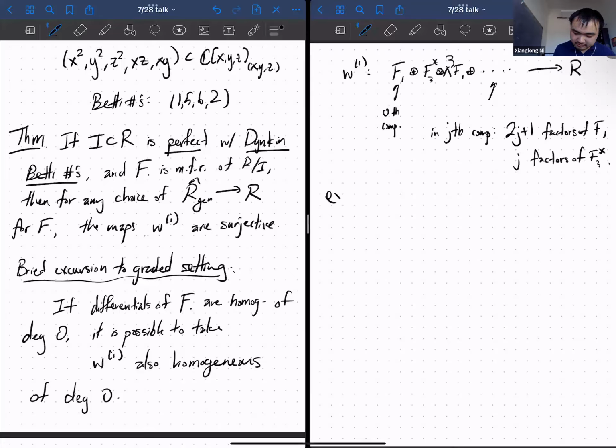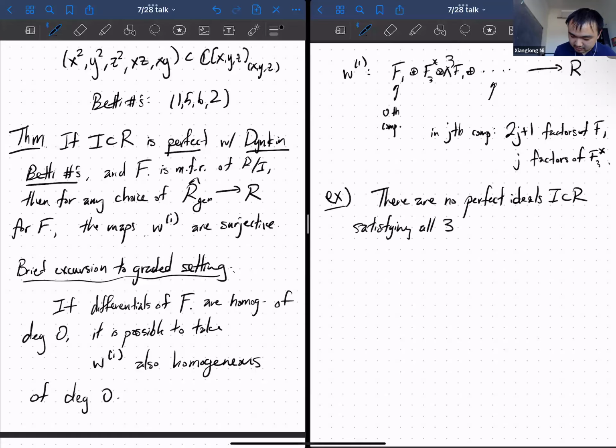So here's an example. There are no perfect ideals satisfying all three of the following. Now this is the graded setting, for example, a graded polynomial ring.